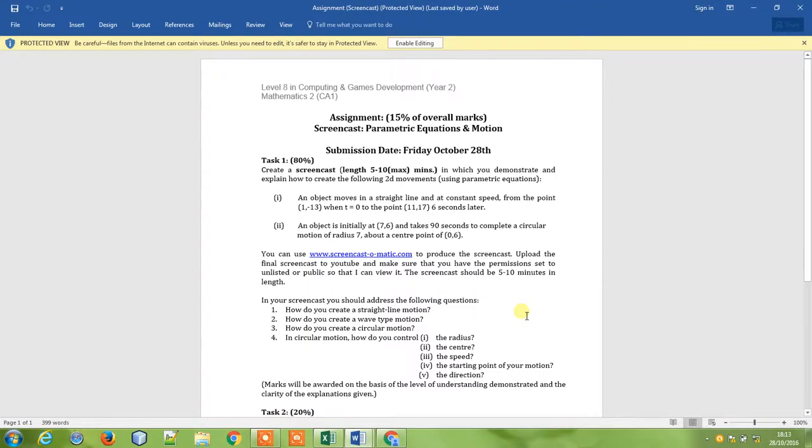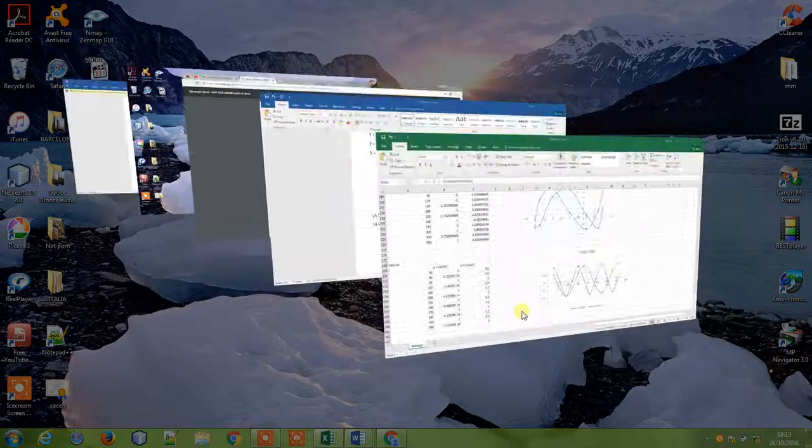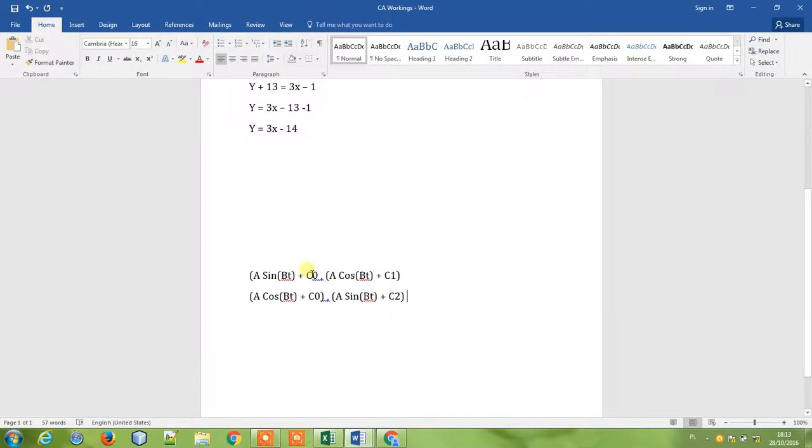What else do I have to talk about? The center. Now the center of the circle is controlled by C0 and C1. Actually, no, wait, here, C1, yeah. As I showed earlier in one of the circles, since the circle I showed had the center 0, 0, there were no values here.